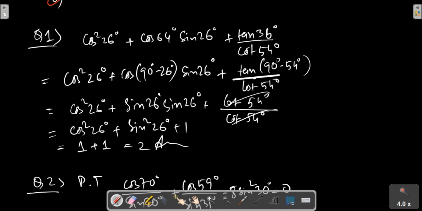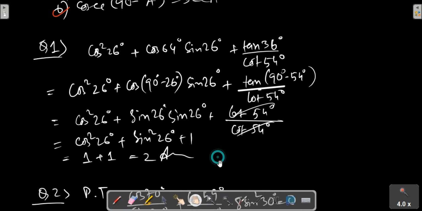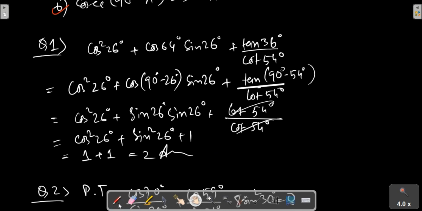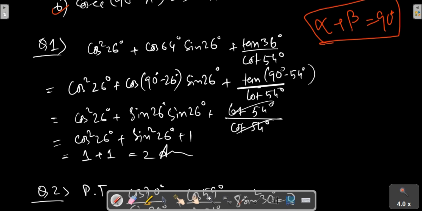First of all, in this formula you have to find the pair of complementary angles. Complementary means, suppose alpha and beta are two angles, and if alpha plus beta gives you 90 degrees, then they are called complementary angles, right?